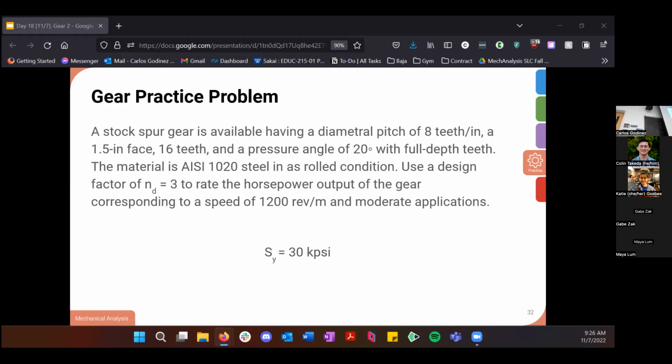What we're looking for is an allowable stress.